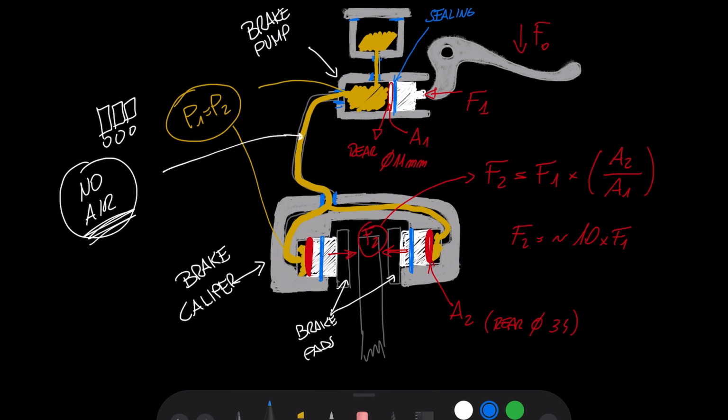So each piston has a seal. The hoses that connect the main brake pump to the brake caliper also have seals. And even the cap of the reservoir tank has a seal. So air can come into the circuit from any of the seals if they are not in perfect shape.